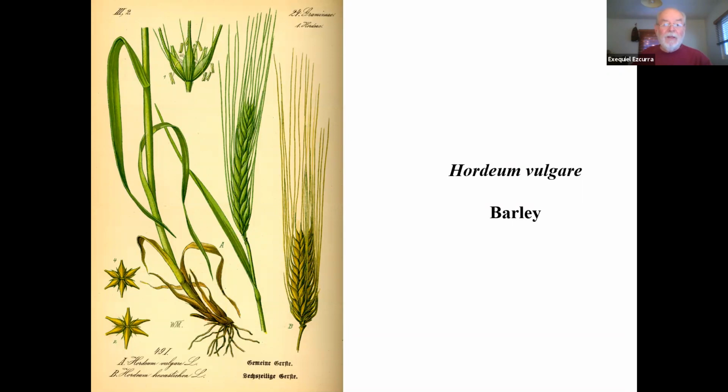Important plants, it's full of really important plants. Barley, for example, that we use to make beer, we use to feed animals, we use to make soup, and it can be used to make bread and many other things. You can buy barley flour. But barley is fundamentally very important for the fermentation of alcoholic beverages.